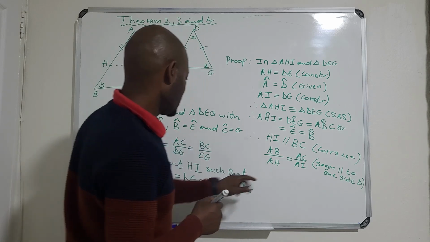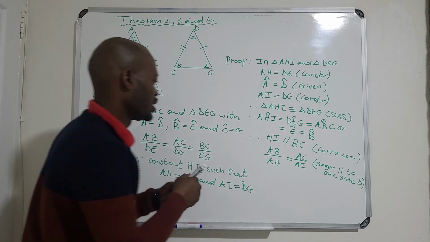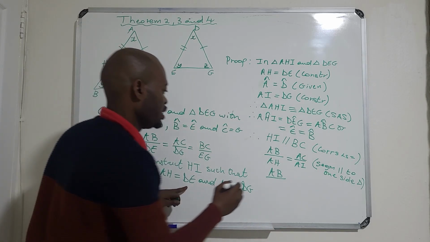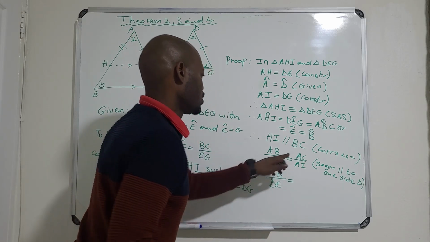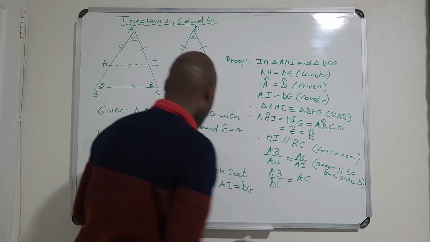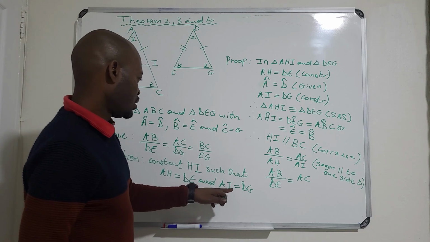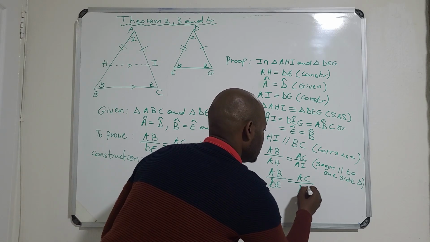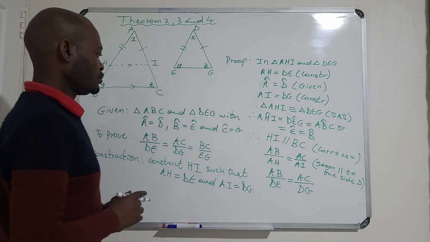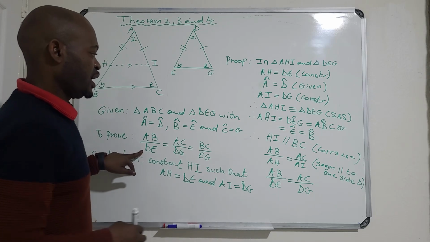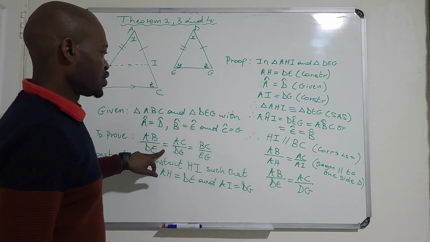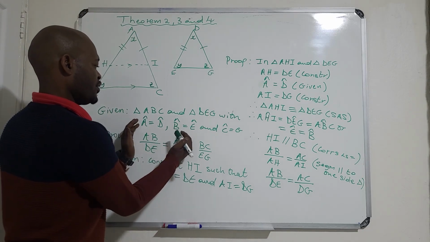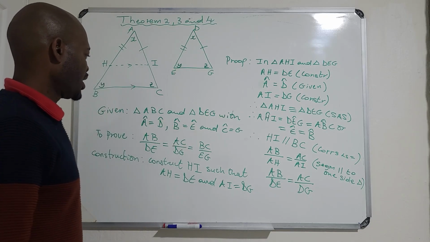Now, we know that AH is DE. Therefore, AB over DE is equal to AC over AI, which is DG, so AB over DE is equal to AC over DG, which proves this part of our theorem.